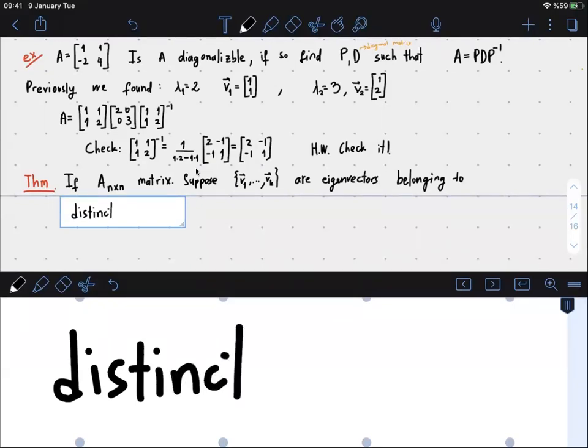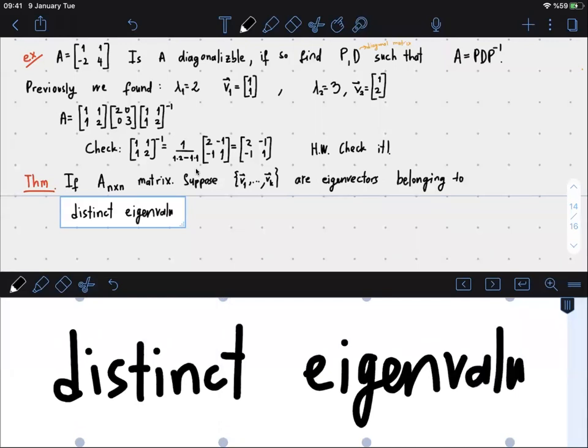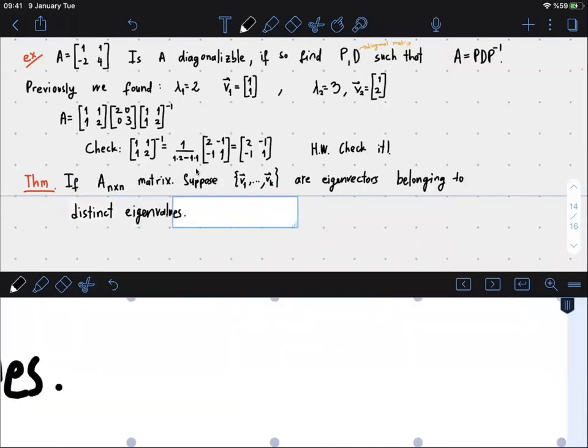What do I mean? v1 is an eigenvector of lambda 1, v2 is an eigenvector of lambda 2, and so forth, and none of these lambdas are equal. Lambda 1 is not the same as lambda 2 or lambda 3, so all of them are distinct.